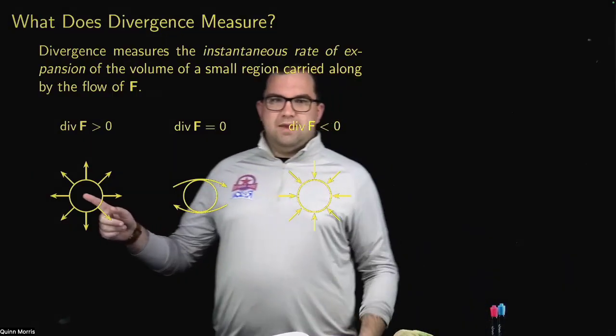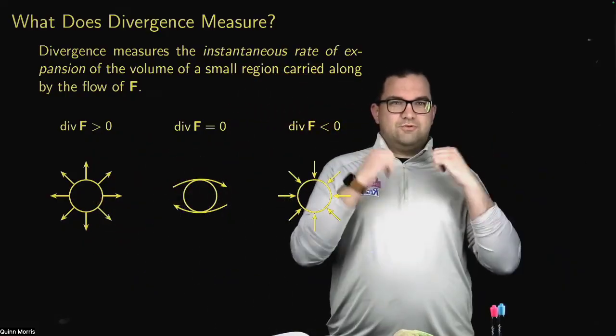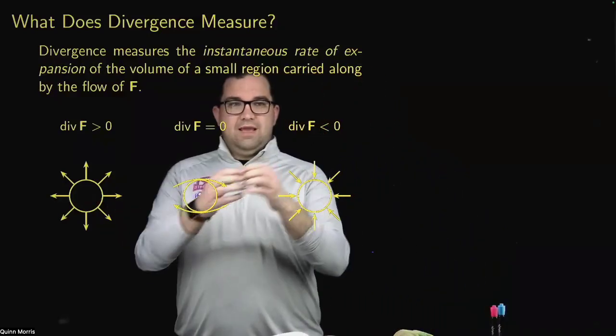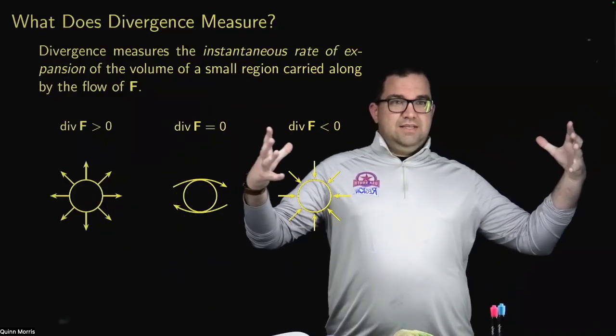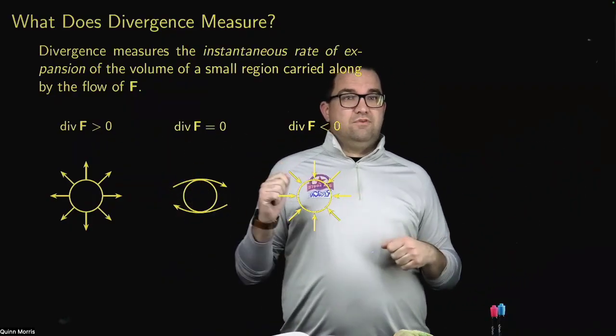So you can imagine, here's your little drop of dye, and if all the flow vectors are going out from the place you drop it, then when you drop it in there, that little dot is going to instantly expand. We would say that's positive divergence.